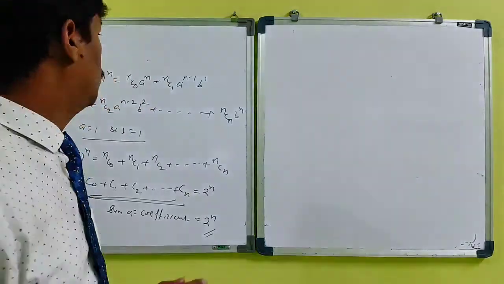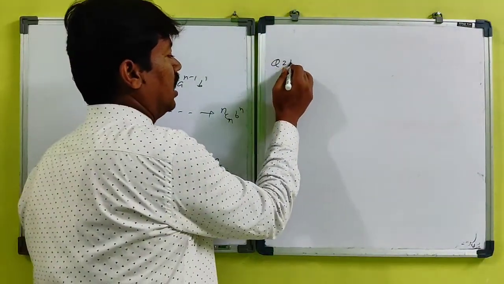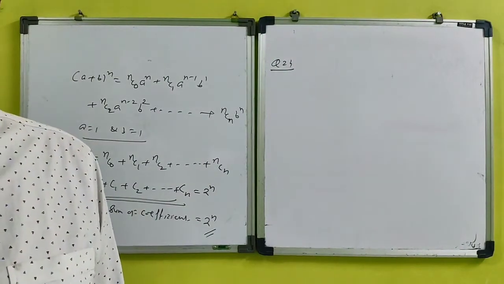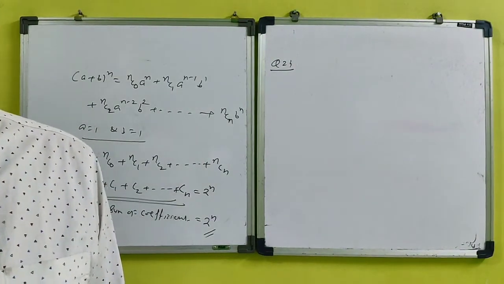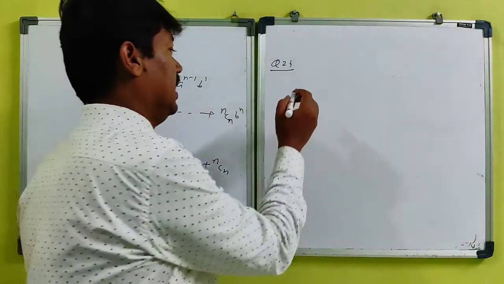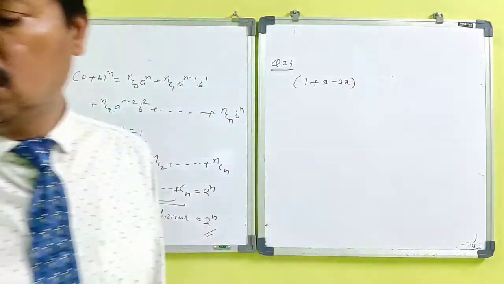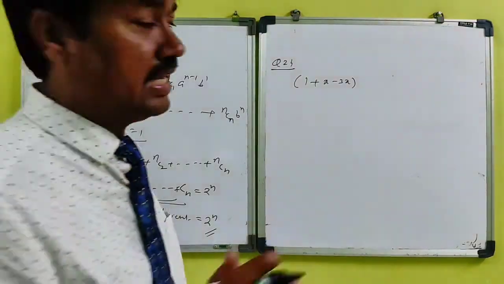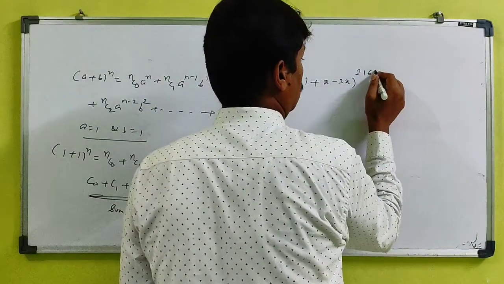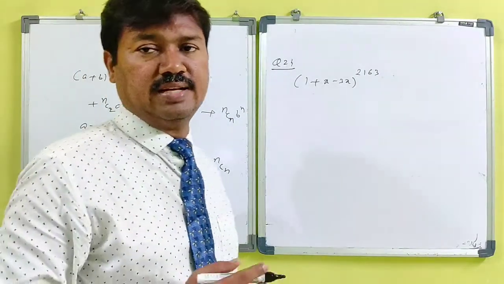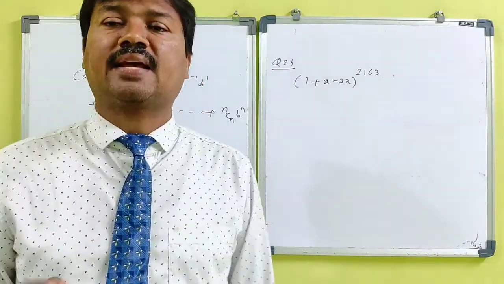So in question number 24, they ask the sum of the coefficients for (1 plus x minus 3x) raised to 2163.